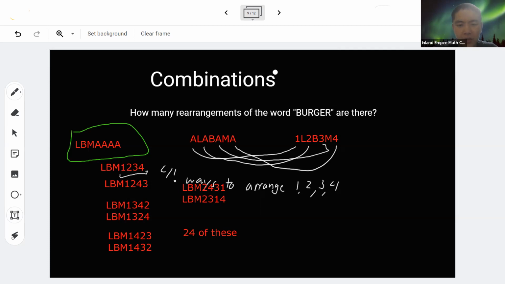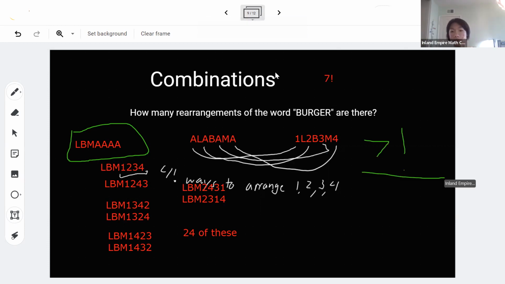That means if you do 7 factorial, you counted the number of arrangements of Alabama times 4 factorial, right? Because as I have stated, every single rearrangement of Alabama is counted 24 times. So therefore, you have to divide by 4 factorial. Does that make sense?